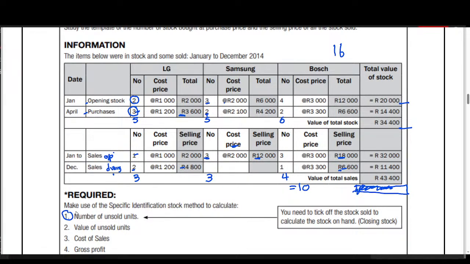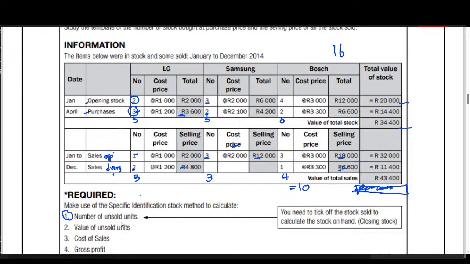Make use of the specific identification method to calculate the number of unsold units. Now we need to know how many units were unsold.